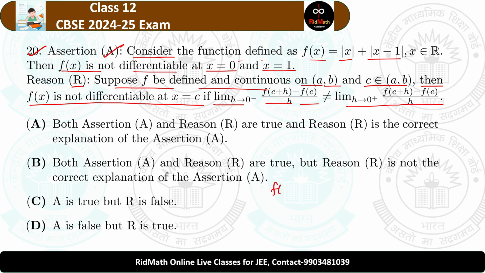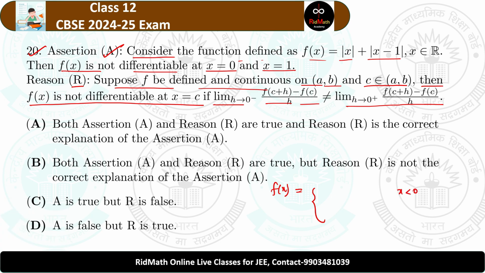So let us first write f(x). This is mod of x and this is mod of x minus 1. First take x less than 0.